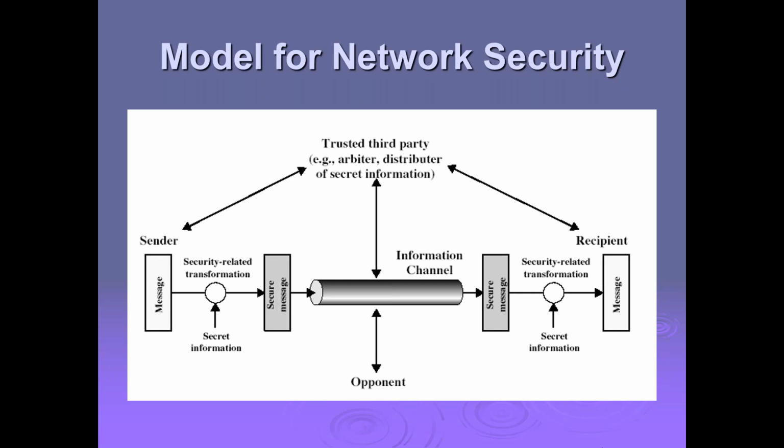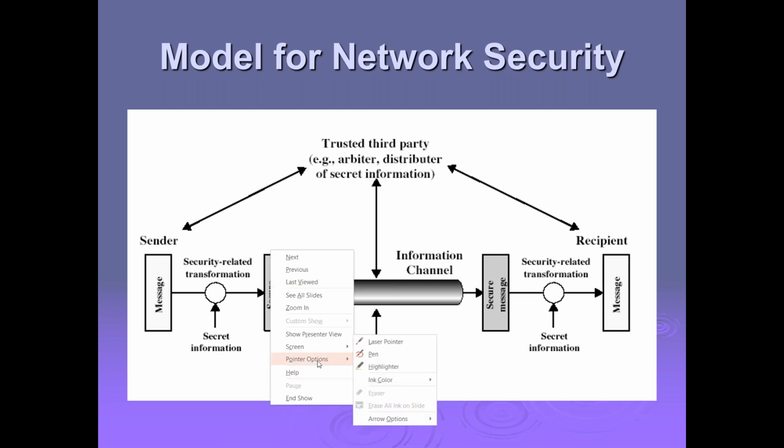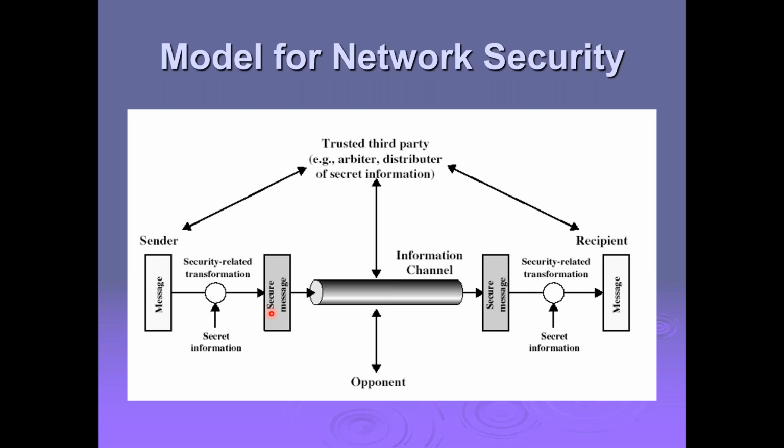Again, I'm repeating it: if you don't have the secure message, those two components, one secure message and the second one here, and if you remove these two, it's a very normal data transfer from a sender to a receiver. Message, channel, receiver.